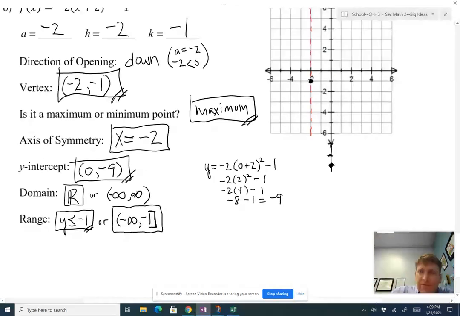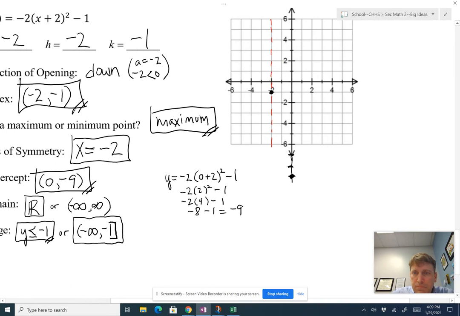So now we want to graph this thing, and I want to see what happens when x is equal to -1. So I'm going to put y equals -2 parentheses -1 plus 2 squared minus 1.